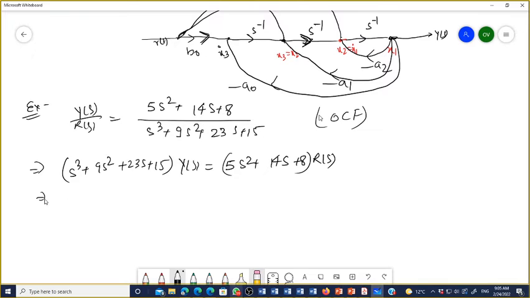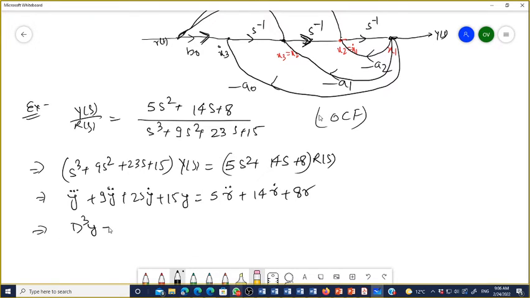Then you can write y triple dot + 9y double dot + 23y dot + 15y equals 5r double dot + 14r dot + 8r. So you can simply write D³y + 9D²y + 23Dy + 15y equals 5D²r + 14Dr + 8r.